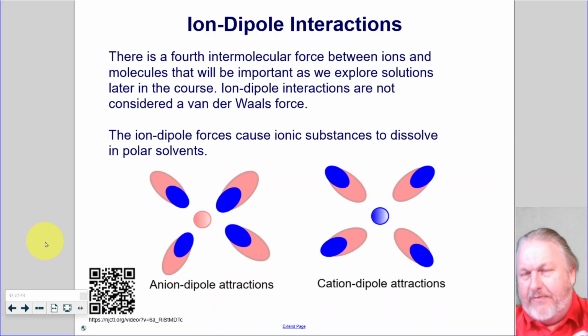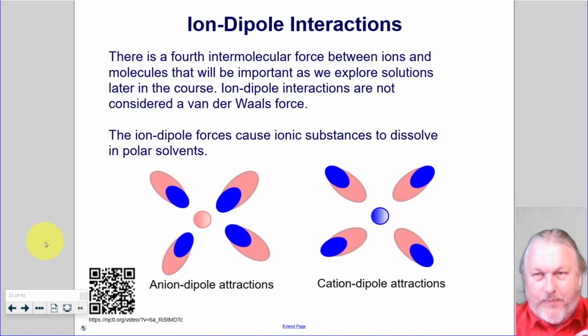These are ion-dipole interactions. Now, we don't consider those to be intermolecular forces or a van der Waals force, because it's between an ion and a molecule. So it's not an IMF. The ion-dipole force will cause the ionic substance to dissolve in polar solvents.